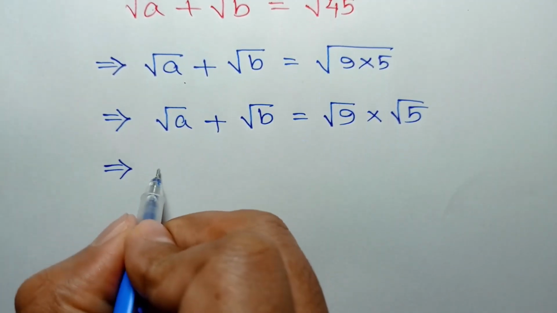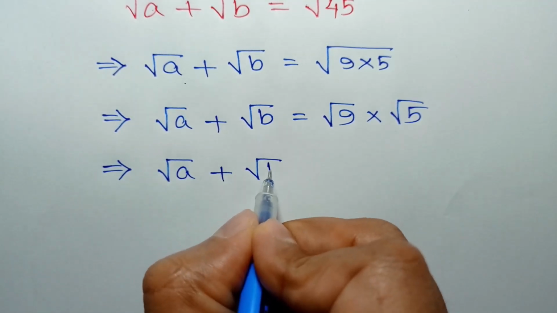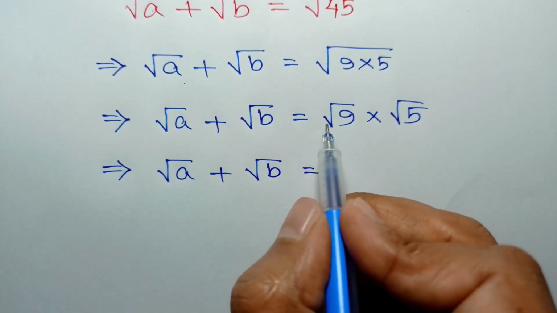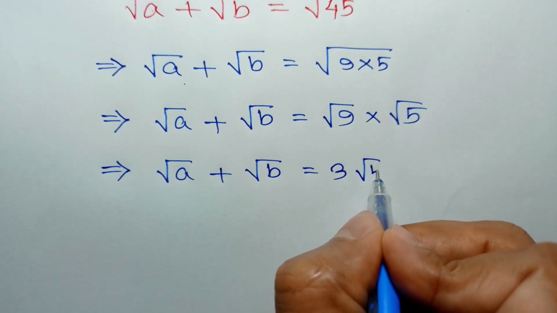So square root of a plus square root of b is equal to square root of 9 is 3 times square root of 5.